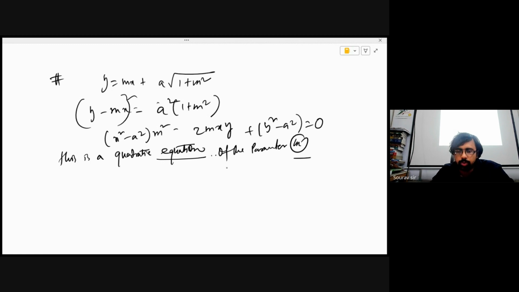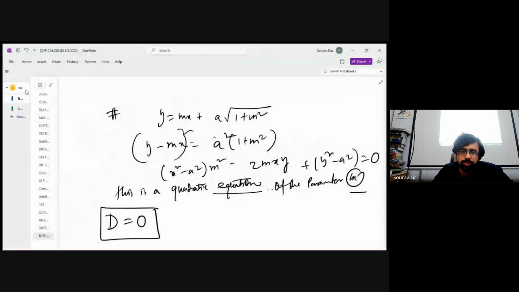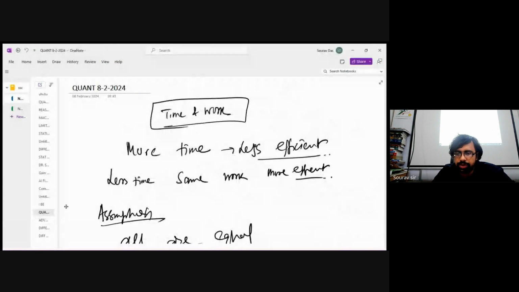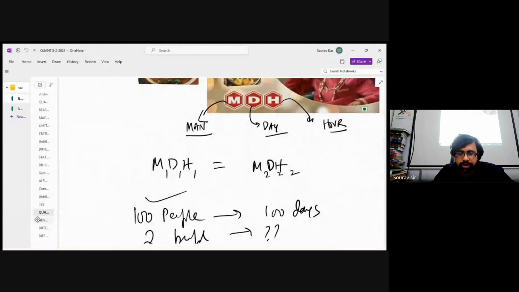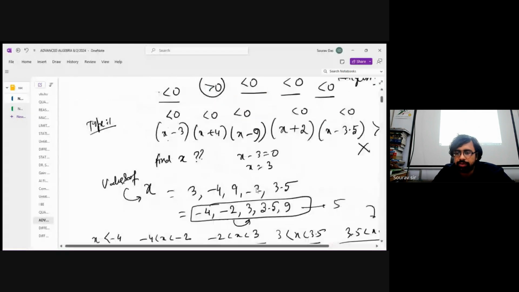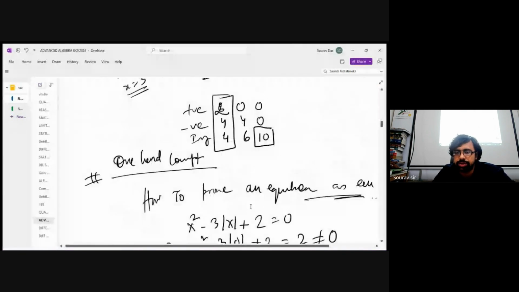तो हम लोग envelope क्या होता है? At envelope, देखिए, discriminant plays a very important role for a quadratic. So हम लोग जानते हैं कि d equal to 0 में envelope होता है. So let me show you that thing. That theory of equation plays an important role with respect to this. ध्यान से देखिए. So in a quadratic structure, in an advanced algebra manner I was teaching today.